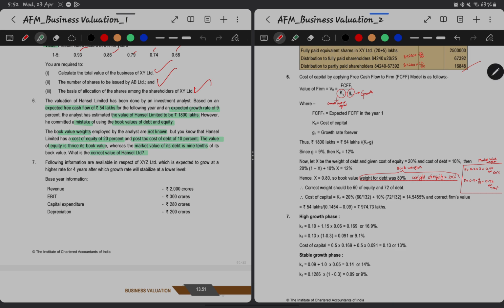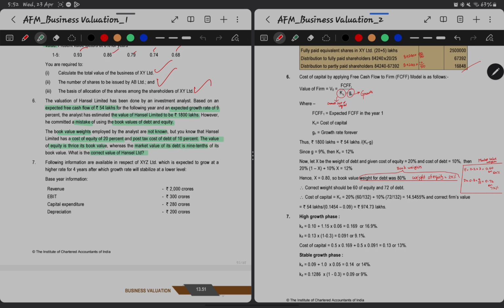So this is a reverse calculation type of question, wherein we know the value of Answer Limited as 1800, but the analyst has calculated using book values. But we don't know the weights of the book values either. Once we know the weights of book values, then only we can calculate the actual value, because they've given the value of equity as thrice its book value and market value of debt as 9/10 of its book value.